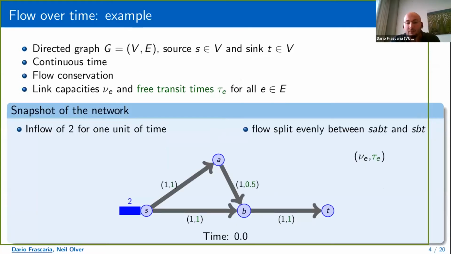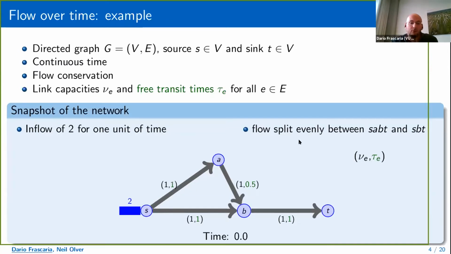We have seen an example of arc dynamics, and now I'm going to show you an example of a flow over time, with a sequence of snapshots. In this example, all the capacities are equal to 1, and the free transit times are equal to 1, except for the free transit time of the arc AB, which is equal to half.